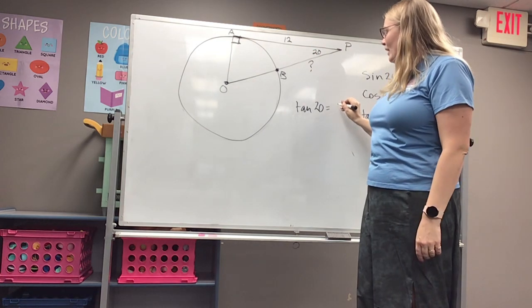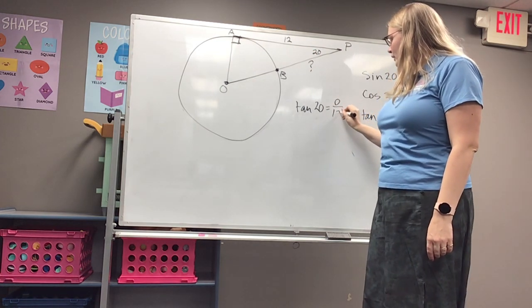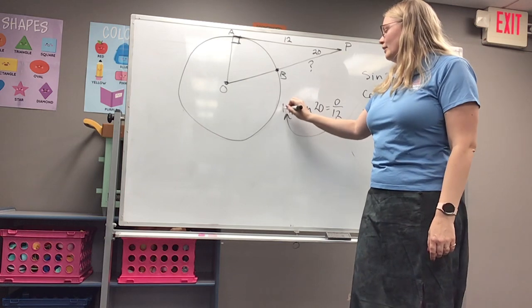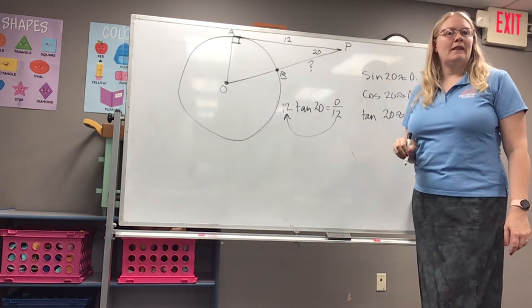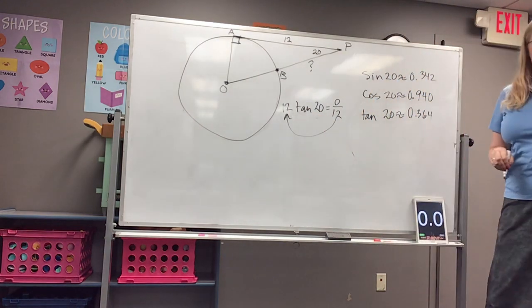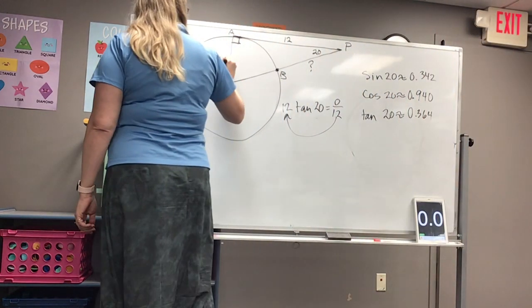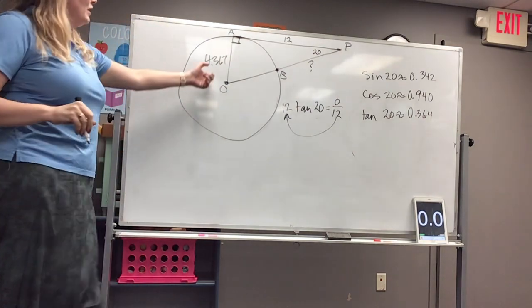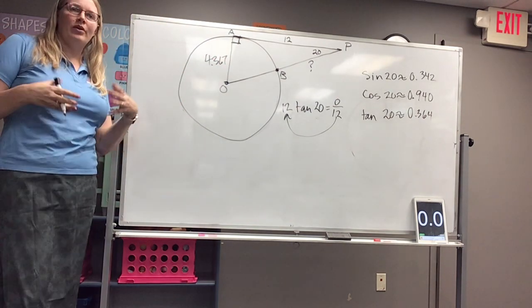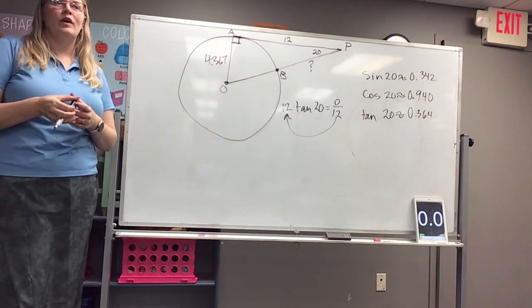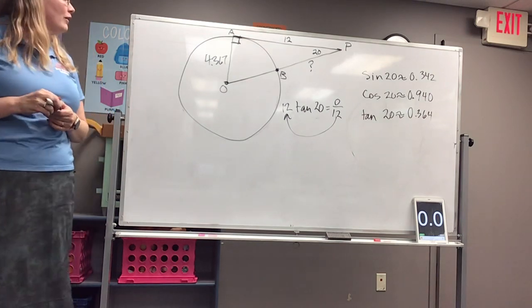So I'm going to call my opposite just O, and then you multiply to find it. Good. What did you get? 4.367. Okay, 4.367. It's best to give yourself extra decimals until the very end, and then you can round to whatever you need to for the answer, but give yourself that buffer.